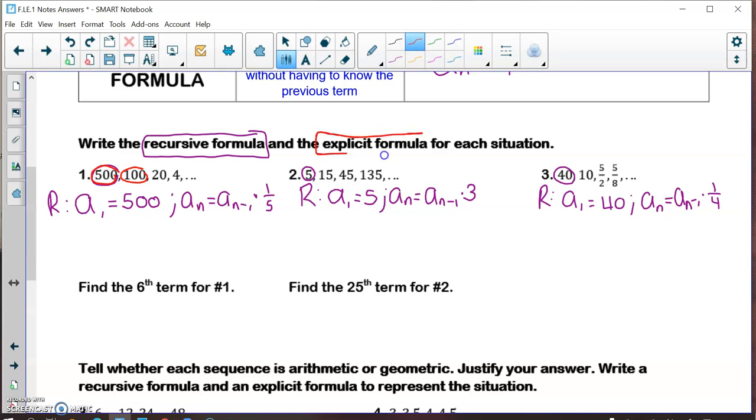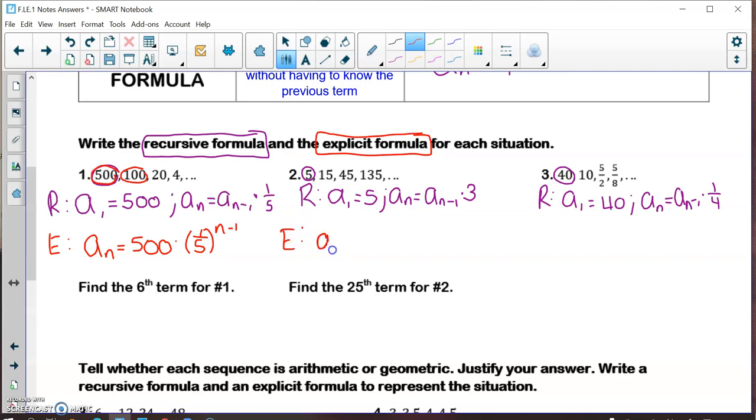Now we're going to do the explicit formula. I'm going to label this E for the explicit formula. My explicit formula for number 1 would be a sub n is equal to my first term, which was 500, times 1/5 to the n minus 1 power. Number 2, same type of thing here.